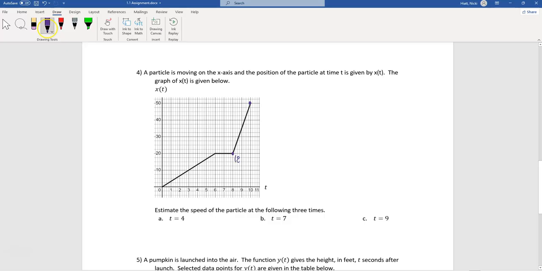This is the point (8, 20), and this is the point (10, 50). So you're just doing 50 minus 20 over 10 minus 8 to get that. So 30 over 2 is 15. We're just doing that slope.